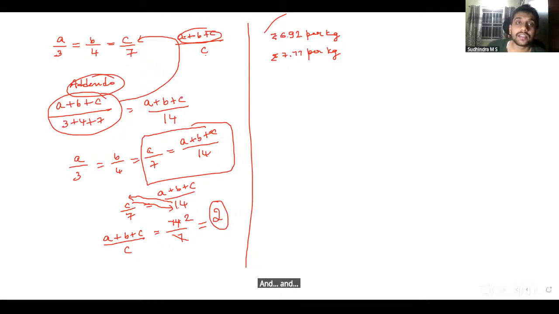And sells the mixture at rupees 8.80 per kg.